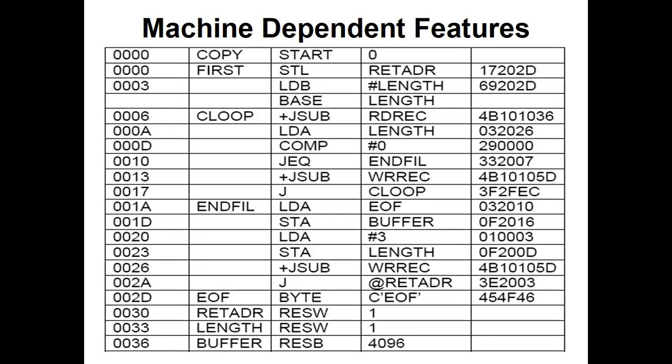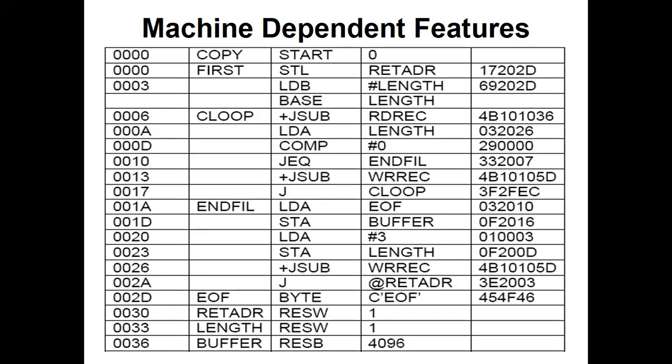Then let us fill in the flags. P is a 1 because we have used the program counter. When you use the program counter, P is a 1. Are we together? Because we used the program counter, we did not use the base, so B is a 0. We didn't use the base.